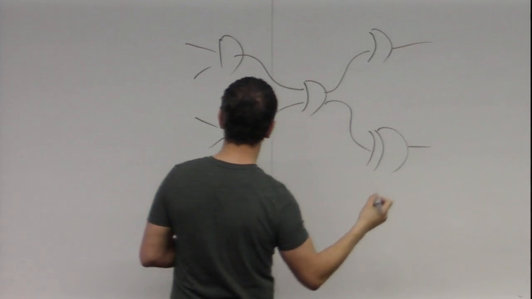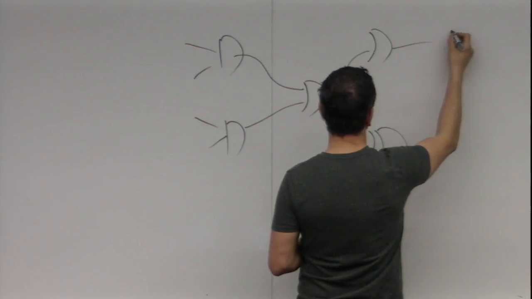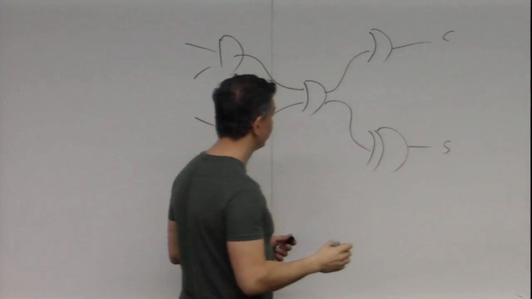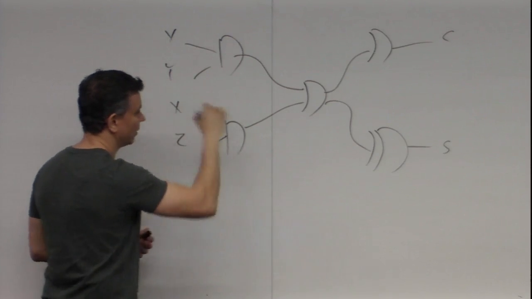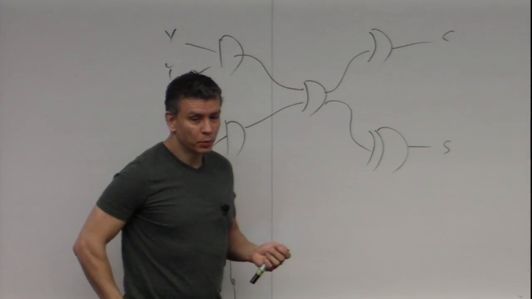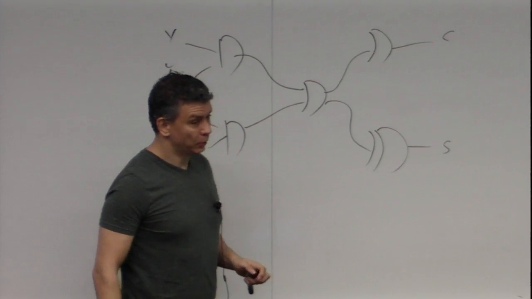Okay, this isn't the exact circuit, but I think it's close. So this is carry and sum, or the other way around, with x, y, x, z. I'm getting it wrong here, but the essential point is that there's 5 gates and 2 outputs.